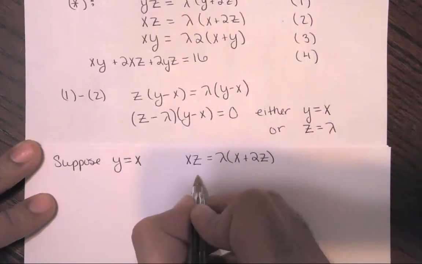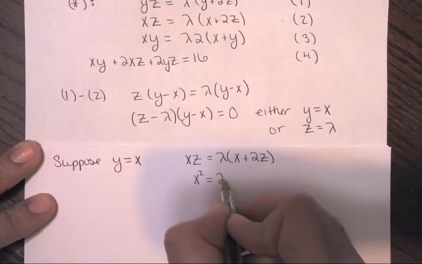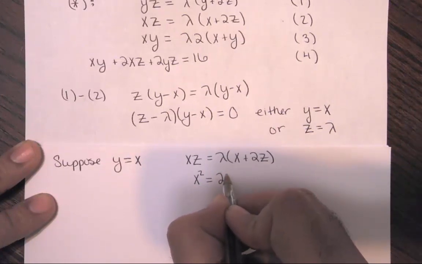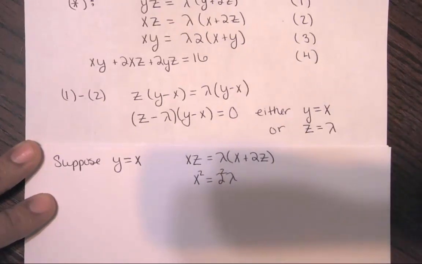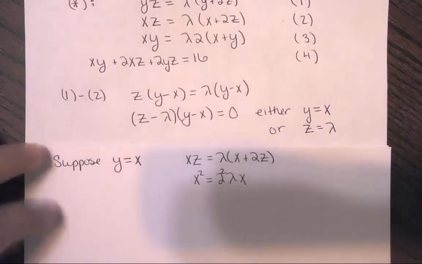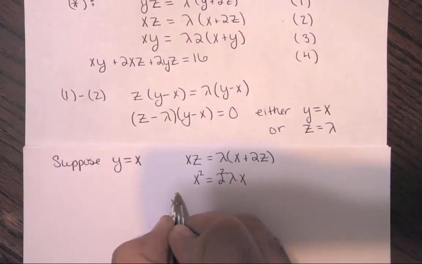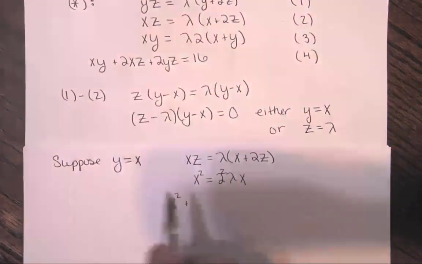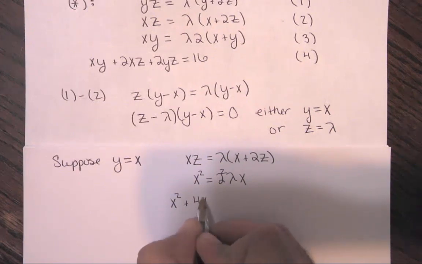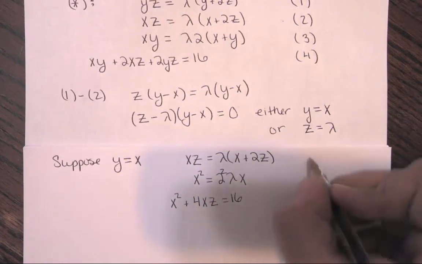Here I would get x squared equals 2 times lambda times 2x, so another 2 squared, and my last expression would give me x squared plus 2xz plus 2xz, so plus 4xz equals 16. So now we have a new set of equations.